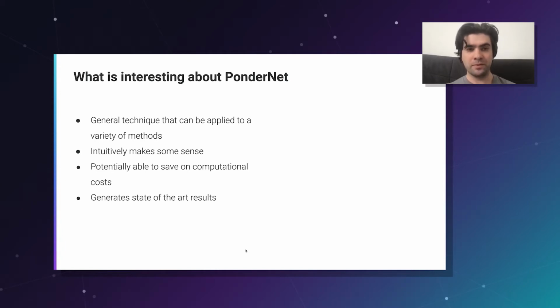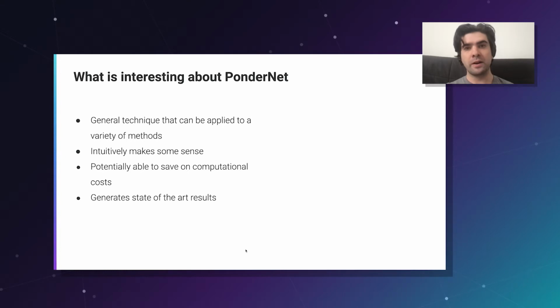And this has dramatic impacts on many things, from cost to environmental impact, etc. So being able to get state-of-the-art results on some tasks while also potentially doing it in fewer computational cycles is really exciting.